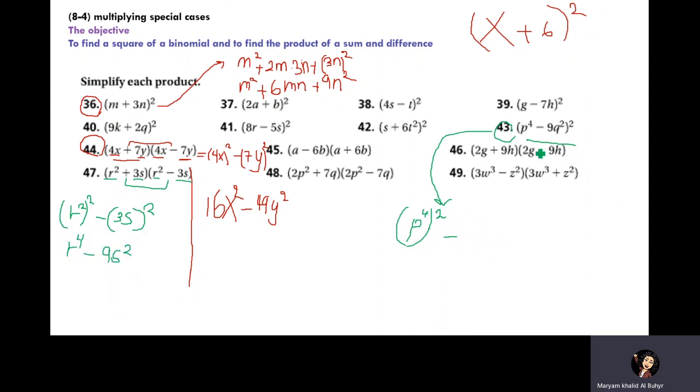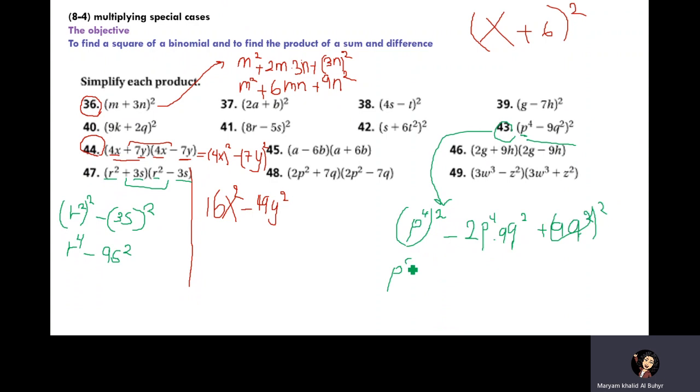So first term squared, the last term squared, so that is minus 2 times first, p4, times 9q squared plus 9q2, all this to the power 2. So let's calculate this one.